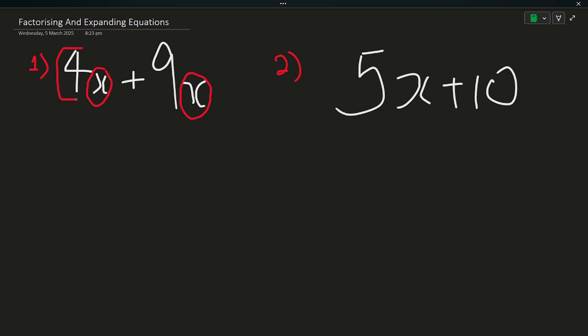Now, as far as I know, a highest common factor of 4 and 9 does not exist, it definitely doesn't. So the only answer there basically is x, which is going to be on the outside, while 4 and 9 remain on the inside. So 4 plus 9.